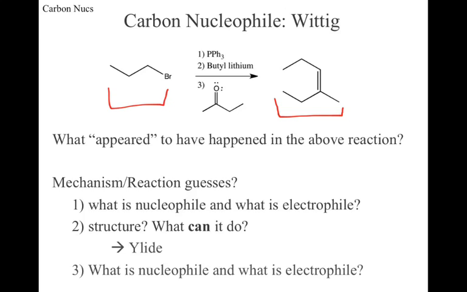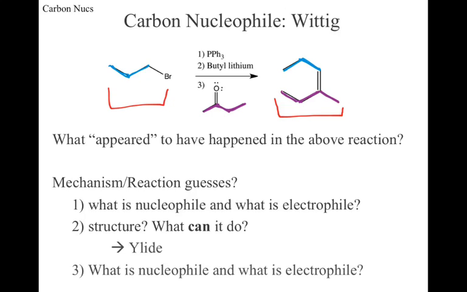So one of the things you may have noticed is we're looking for those carbon connections. How did those change in the course of the reaction? That may not be easy to pick up, but it is there. If we highlight the carbons that we started with, these 3 carbons and these 4 carbons, you might see that those 4 carbons are right there, and that our initial 3 are here.